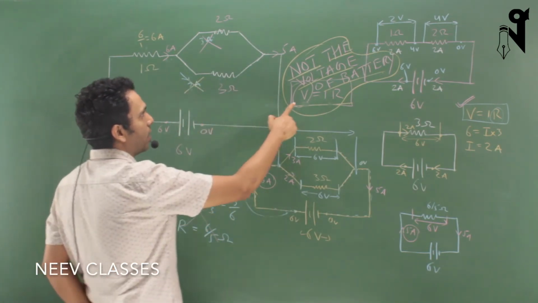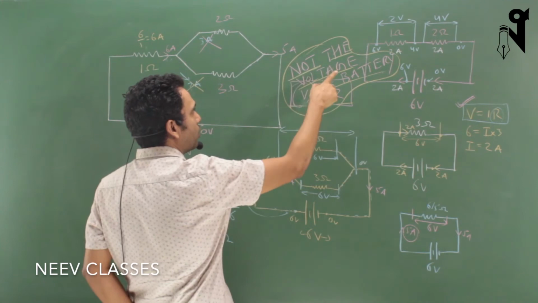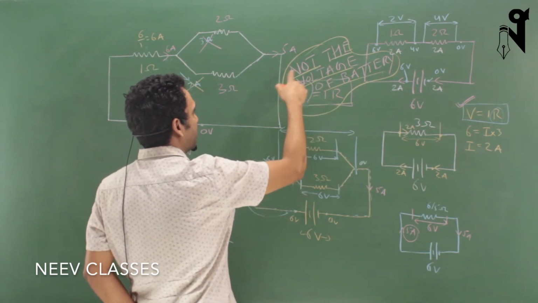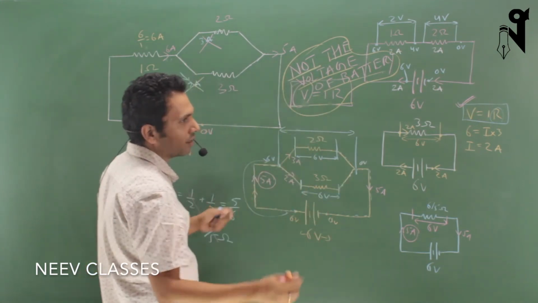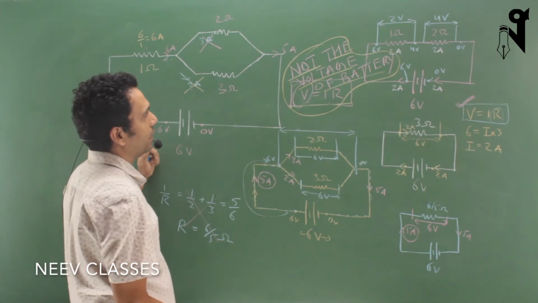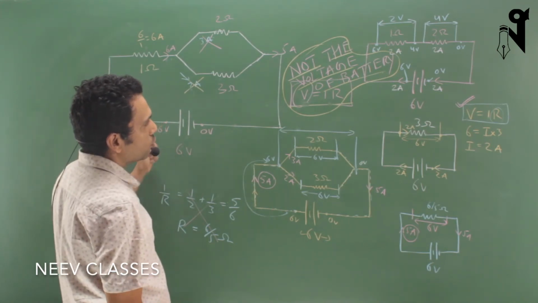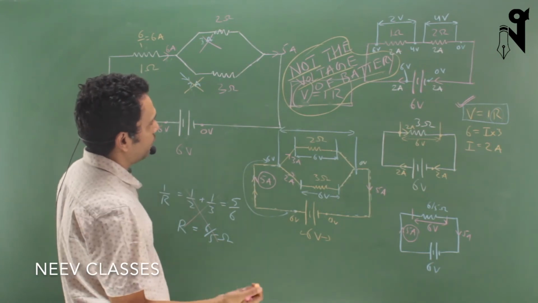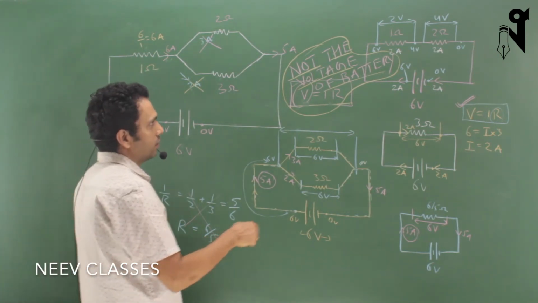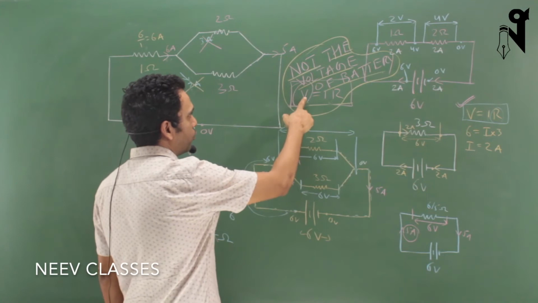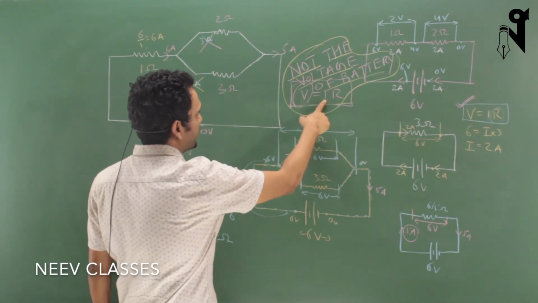Otherwise, V is equal to IR might not be the voltage of the battery, and that 'might' is like the bigger probability. So more often than not, it is not going to be the voltage of the battery. Anyways, the formula is not for the voltage across the battery. The formula is for the voltage drop across a resistance carrying current I.